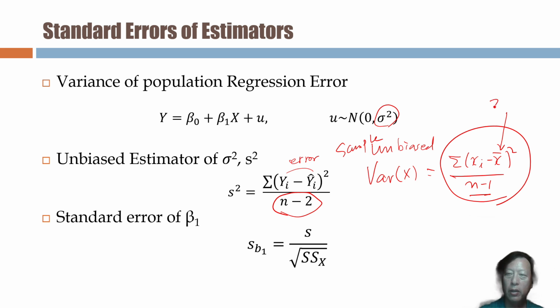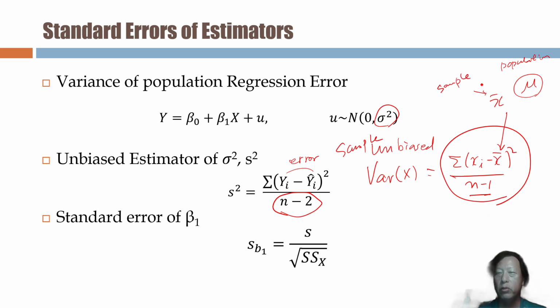X bar is the estimator of our mean, mu, right? So mu is a parameter, a population mean, and x bar is a sample mean. So we use the data and we estimate one parameter, which is our mean.